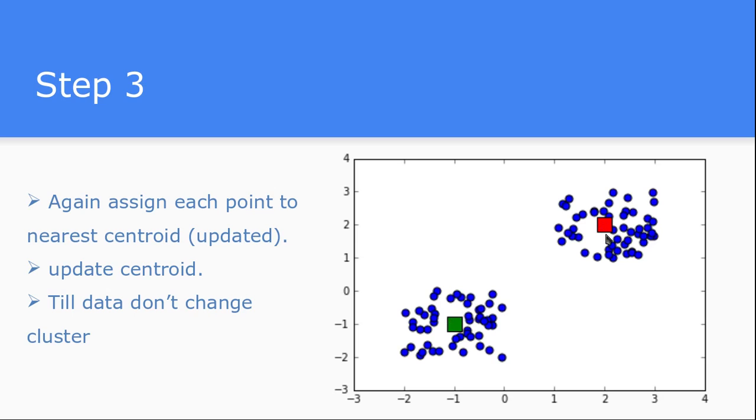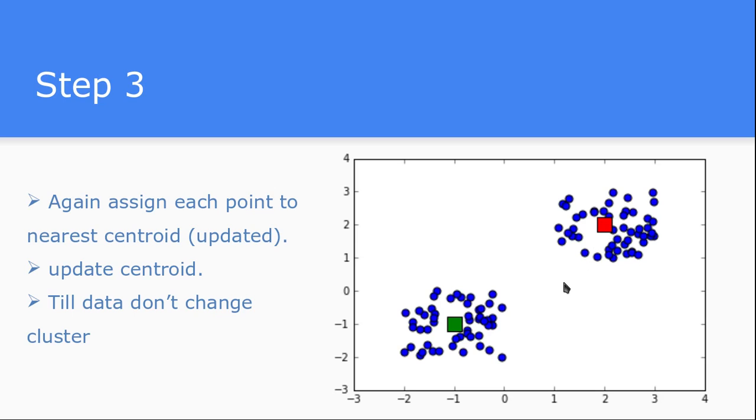Now, as it is an iterative algorithm, it is written that it continues until the data do not change clusters. So until the data stop swapping between cluster 1 and cluster 2, you keep running this algorithm. The moment you feel that the data is not swapping between the clusters, it is almost stabilized, and you can finalize that this is the representative of my cluster 1 and this is the representative of my cluster 2.